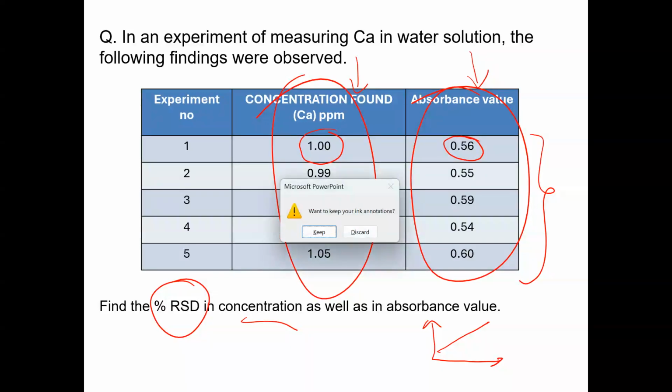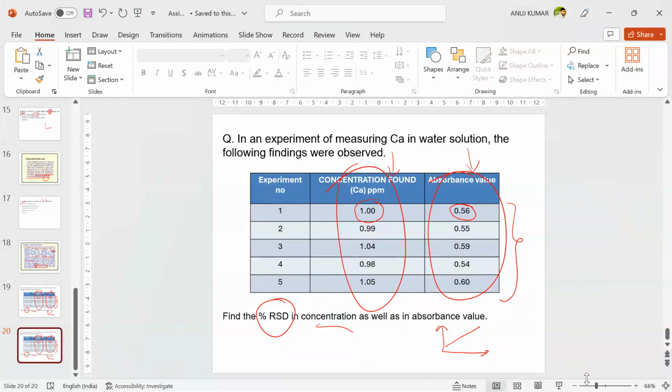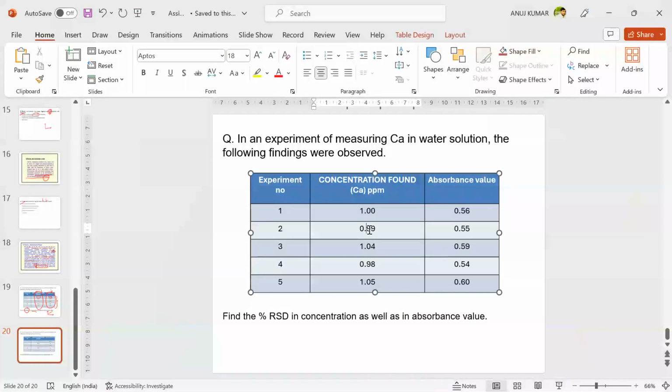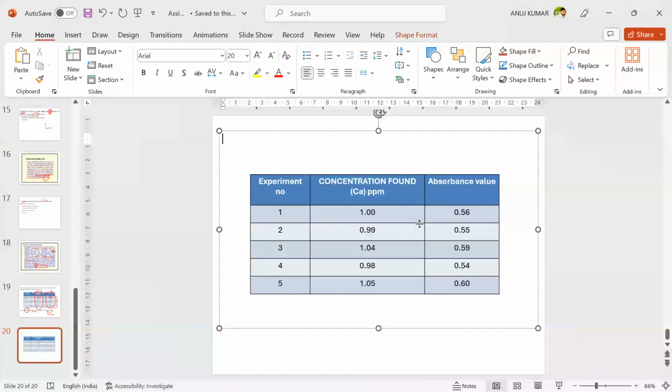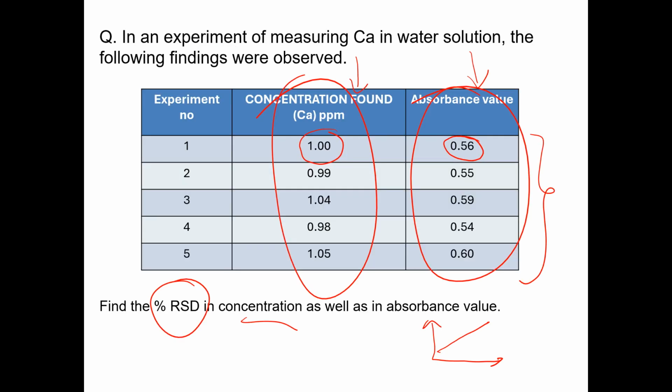Okay, so let me insert first a blank slide here. So what you have to do for concentration, right? First I am calculating the percentage RSD in concentration.